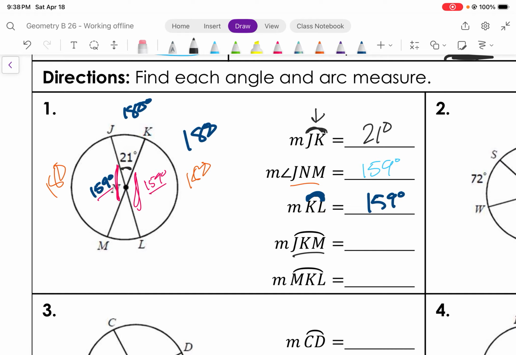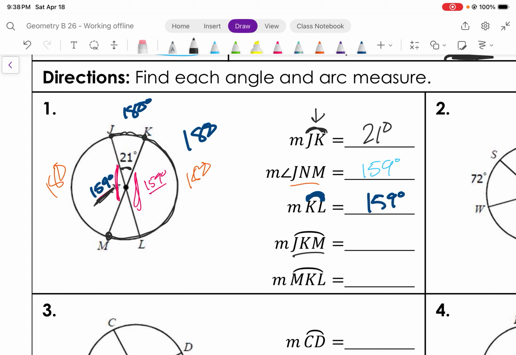So for them, if we look at JKM, J K to M, and again, you have to trace in the order it says, J to K all the way to M. Well, that is kind of like the entire pizza, except 159 degrees.